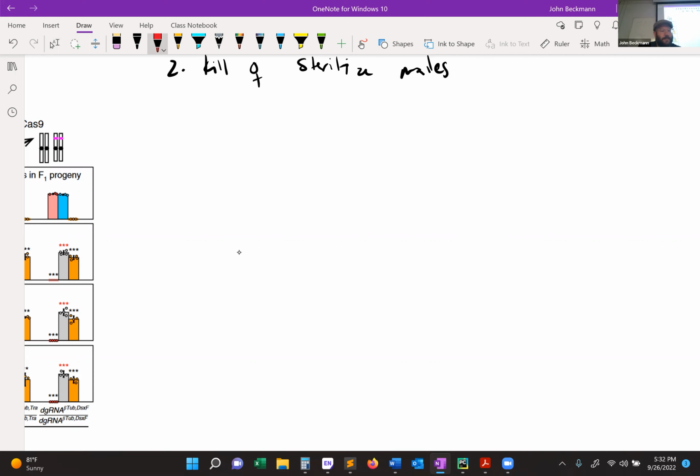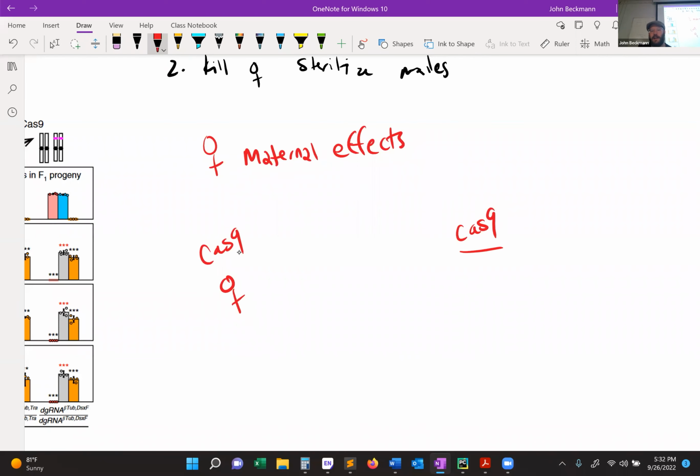Did anybody catch that? So if it comes from the female, what's typically happening in transgenes that are expressed in the female that get put into embryos? They typically can cause maternal effects. And so there's a scenario under which perhaps, imagine you put Cas9 in the female compared to Cas9 in the male.